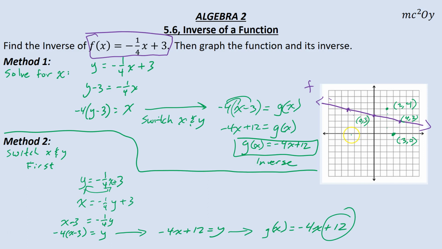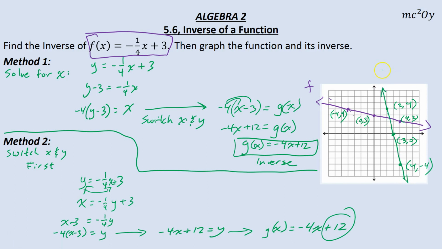So (-4, 4) is going to be at (4, -4). Those two switch. And by doing that, you'll notice I got my straight line again.